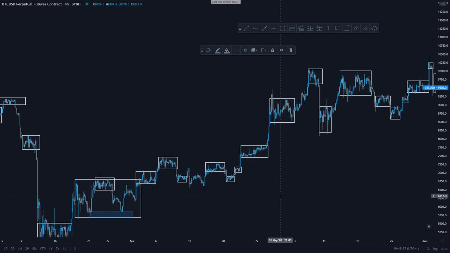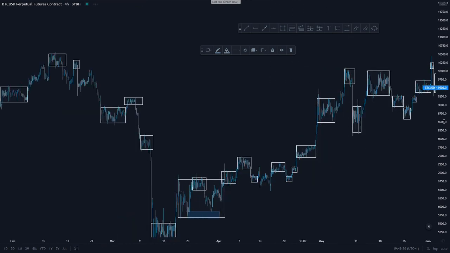And sometimes you have help. Sometimes you have help like higher time frame zones. Like this is the H4 zone right now.